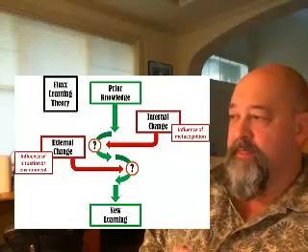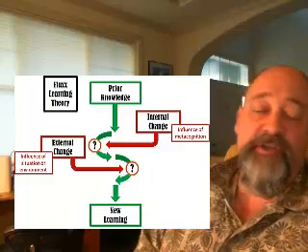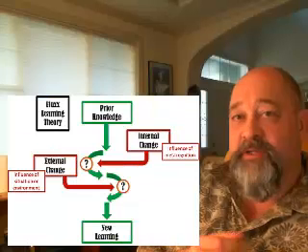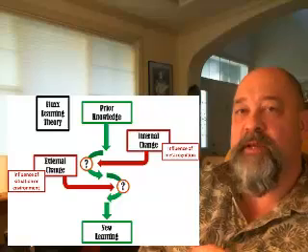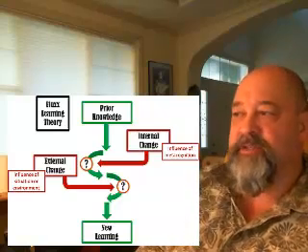And then there's the external change, and that could be brought about by situational or environmental factors, or anything that we are influenced by from the outside. It could be a teacher proposing a certain way to look at things, and all of a sudden we have to reevaluate our thinking and our learning and adjust to that.